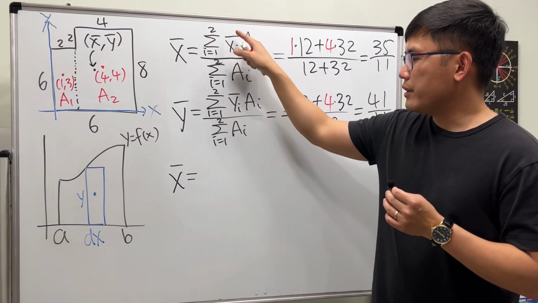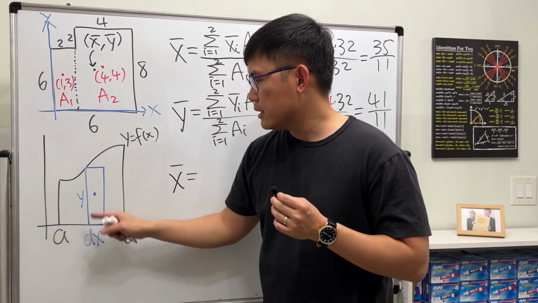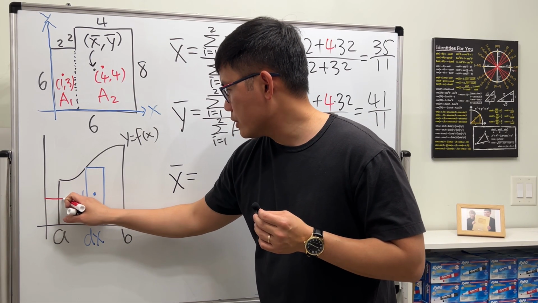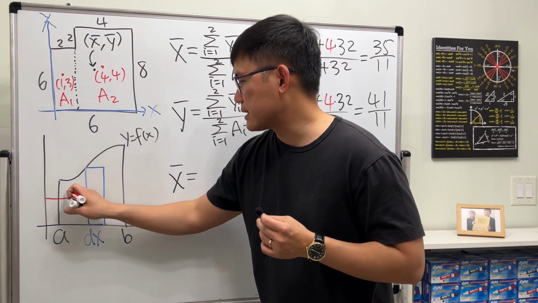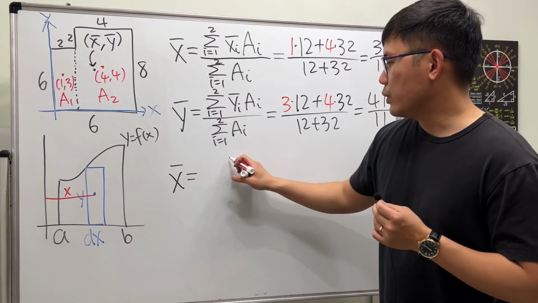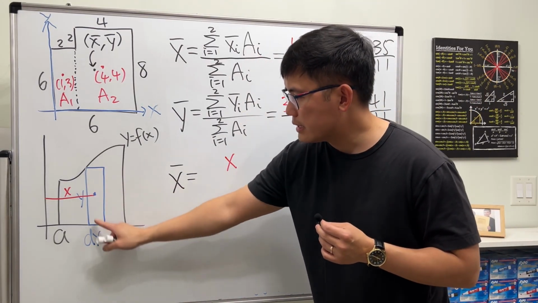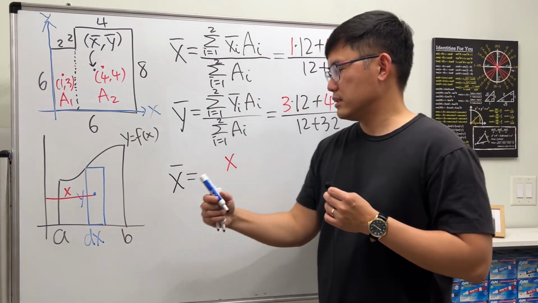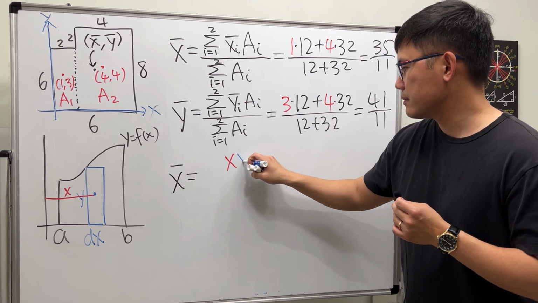For the right here, we have to look at the x coordinate of this centroid. Well, in this case, we will just go from here all the way to here. The horizontal distance, and that's x. So we start with x. And then the area of this blue rectangle is just y times dx. So let's put that down, y times dx.